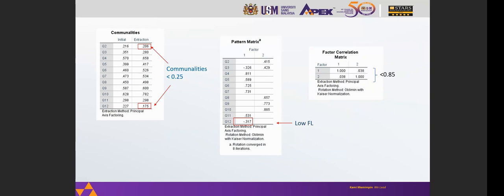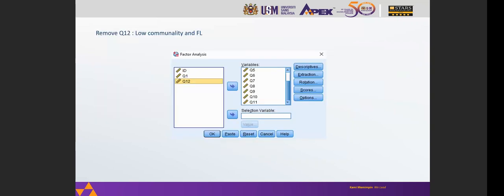If it is more than 0.85, then it means we have a problem with multicollinearity. I think you know what multicollinearity is, right? There's a correlation between the factors. We don't want a multicollinearity problem between our factors. So next we decide to remove Q12, because Q12 has a low communality and a negative, low factor loading with the factor.